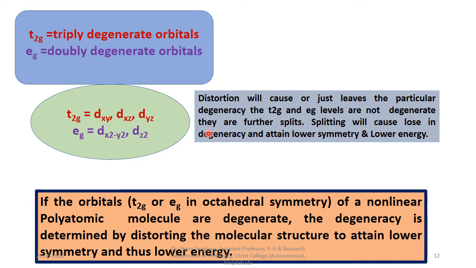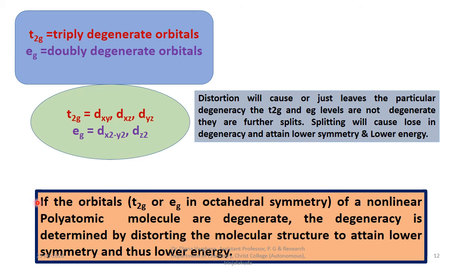If any distortion occurs, the T2g and Eg orbitals do not remain in the same way as in the crystal field splitting in the octahedral field. They undergo further splitting and form a tetragonal symmetry, or tetragonal distortion. The splitting will cause loss in degeneracy and attain lower symmetry and lower energy.